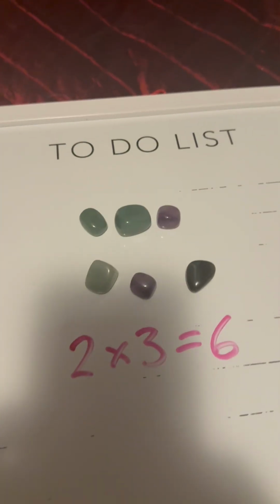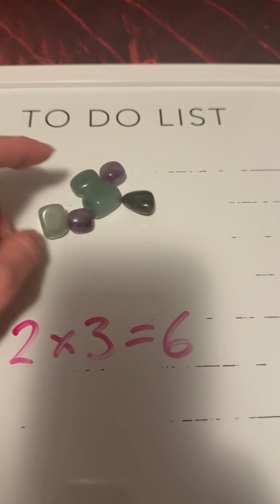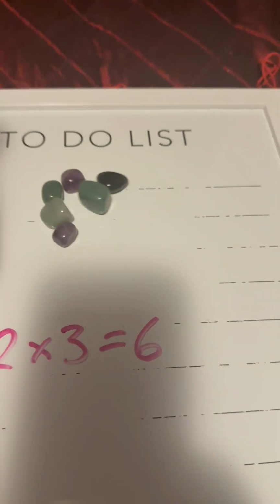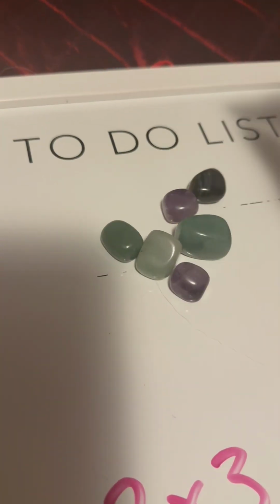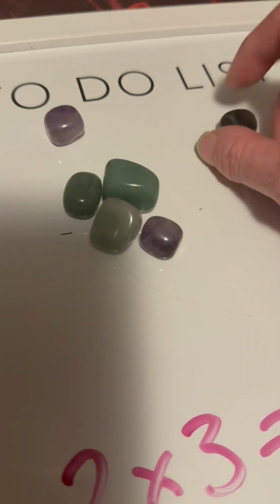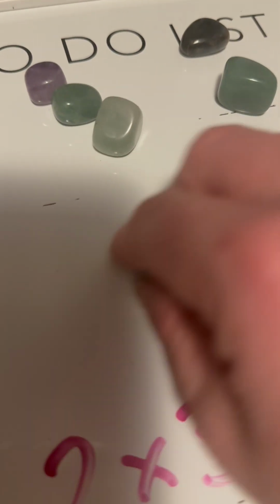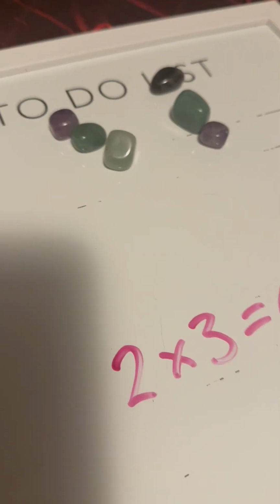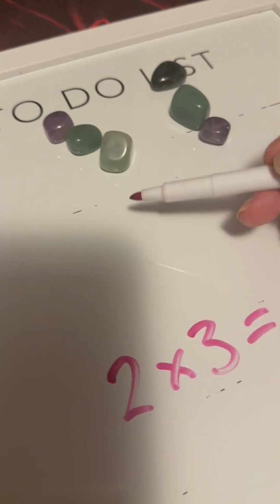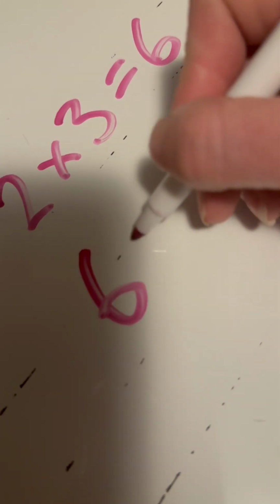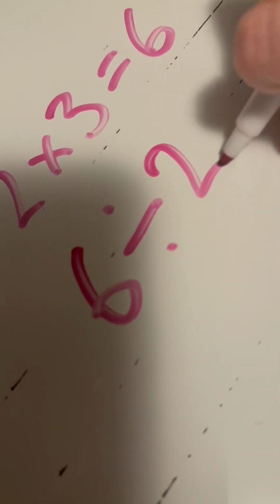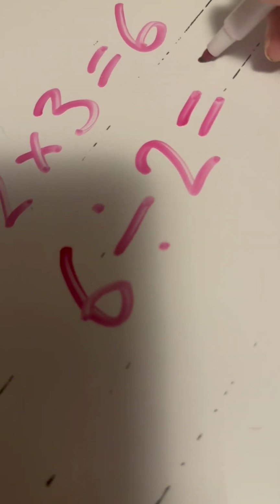Now, with my 6 stones here, if I told you to divide this in 2, what we're doing is splitting our group into 2 equal halves. So divide it by 2, splitting in 2, and we have 2 groups of 3. So 6 divided by 2 equals 3.